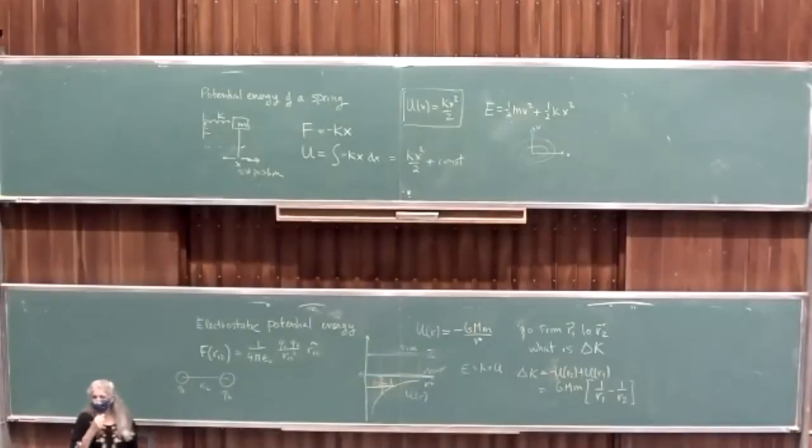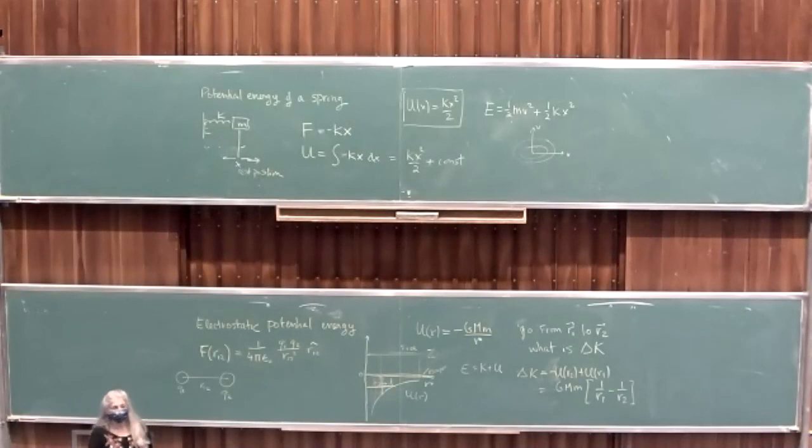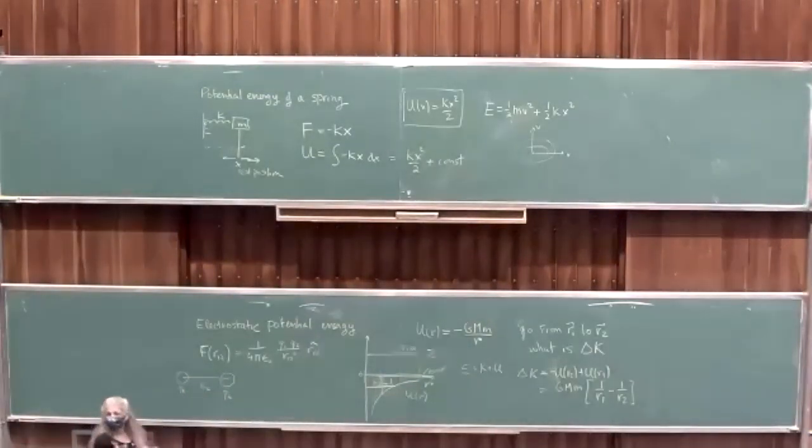So the electrostatic force looks just like the gravitational force, except that we have positive and negative charges, and gravity only has one sign, so it can't be negative. So when one is positive and one is negative, it's an attractive force. Then it looks just like gravity. But when both of them are negative or both are positive, then you get a repulsive force. Again, we can integrate this because it's a radial force.